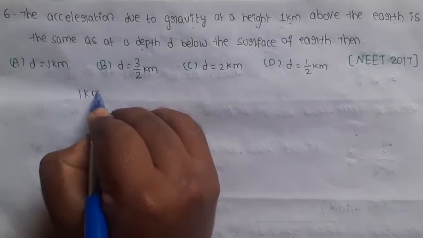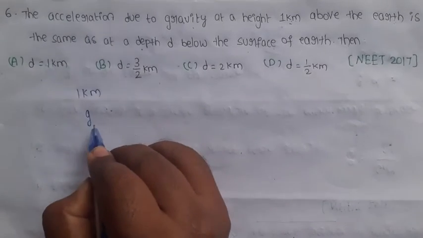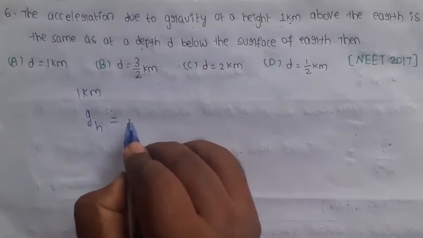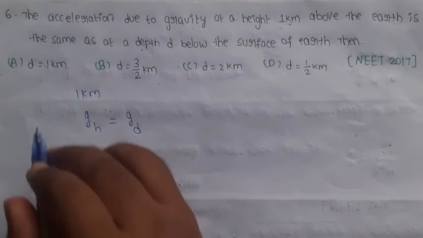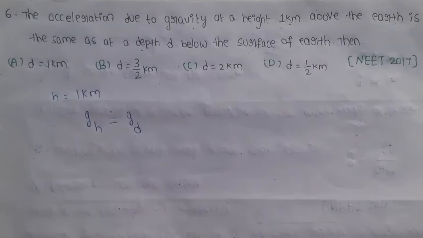at 1 kilometer height, g height is equal to g depth. So h equals 1 kilometer.